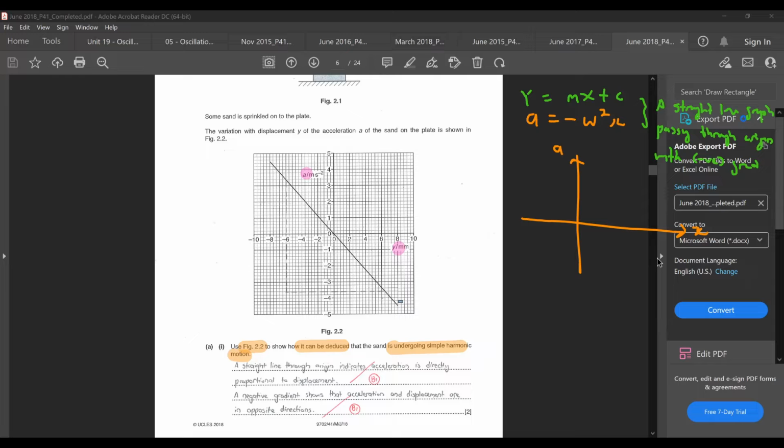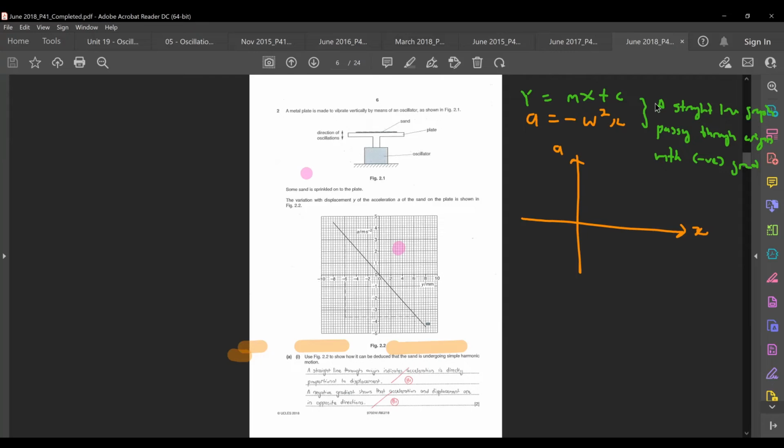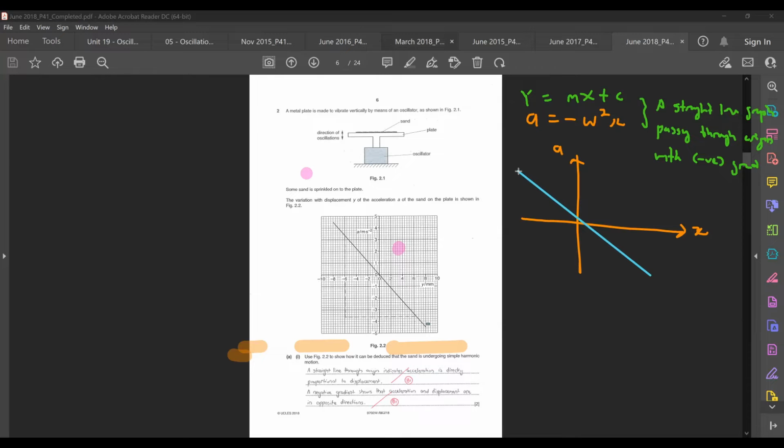Okay, so from the equation a equals negative omega square x compared to y equals mx plus c, if you were to try and plot out the acceleration versus displacement graph, it will look like this. Okay, so it will be simple harmonic motion based on two things.